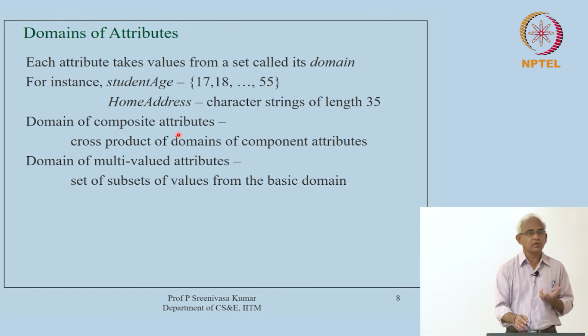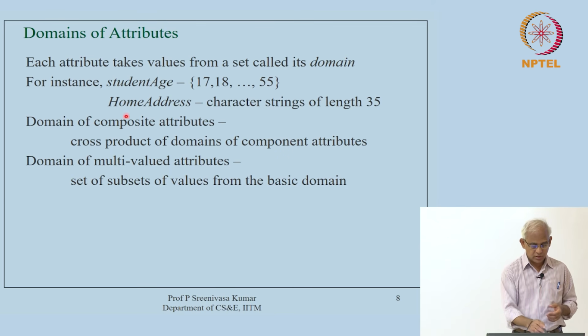So, naturally we can think of the value as a tuple, and these tuples come from the cross product of the domains of the corresponding component attributes. For those component attributes we have domain sets. So, we can take those domain sets, form the cross product, and consider a member of the cross product as the value of this composite attribute.